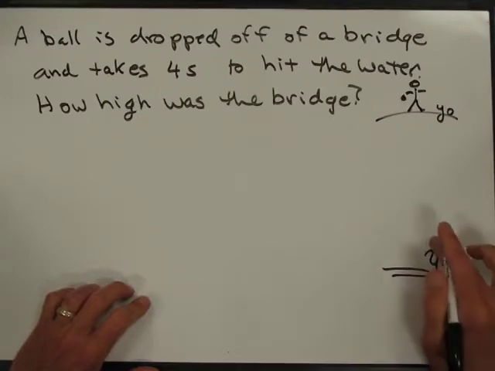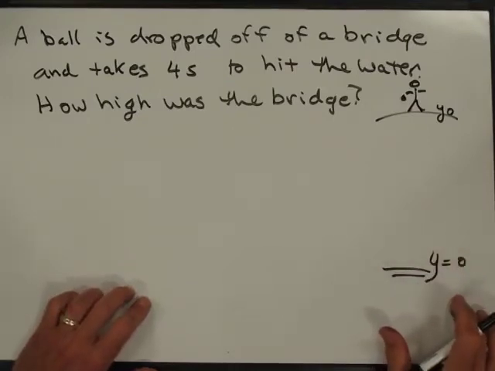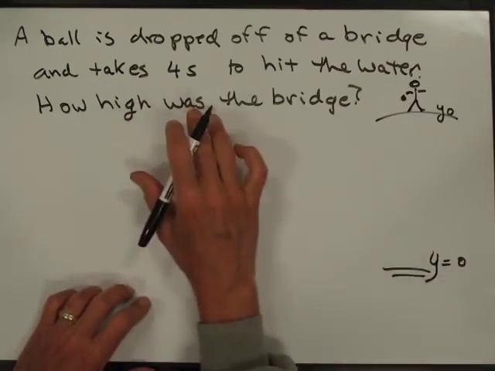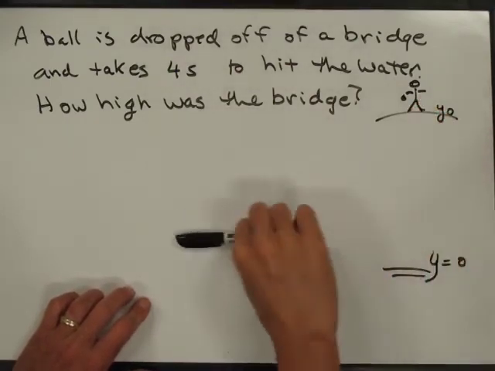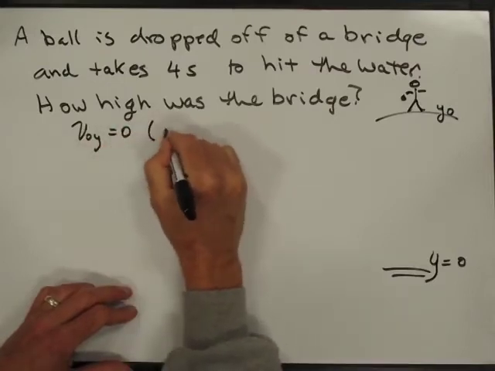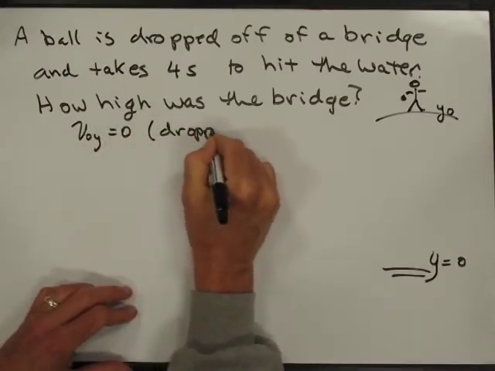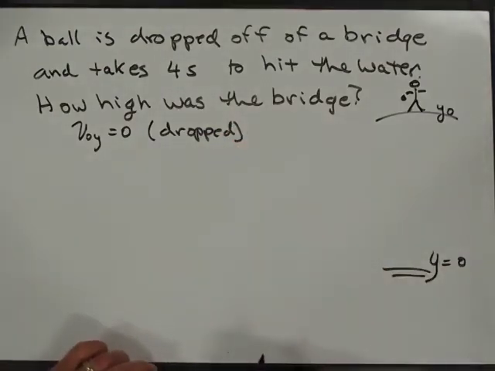And I'm going to say y is equal to 0, because I generally like to make the lowest point in the problem 0. A subtle point here is that if it's dropped off the bridge, v0 y is equal to 0 because it's dropped. It wasn't thrown downward, it was just dropped, right?